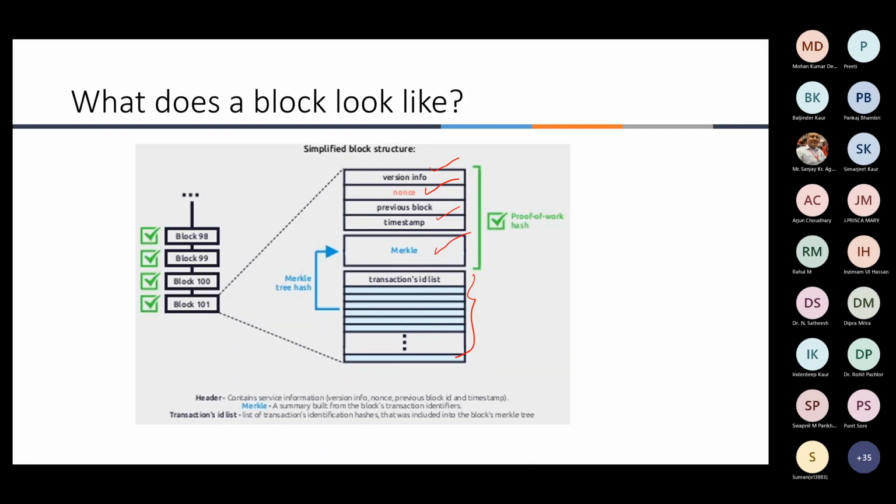All in all, this is the internal structure of any block which is part of the blockchain network.